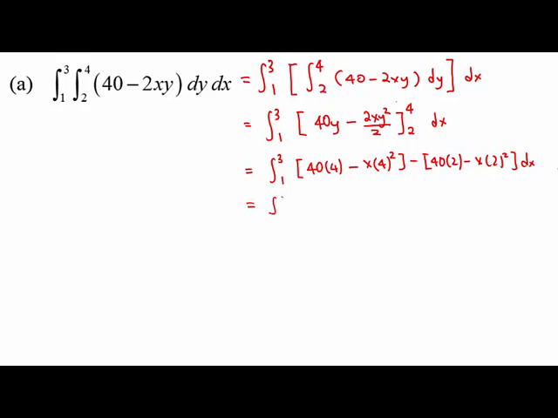We are ready to now evaluate and simplify. So this is 160, this is 16x, this is 80, and this is 4x, dx. Simplifying this gives us the next line, 80 minus 12x. And now we have a simple, straightforward integral with respect to x, and we are ready to perform it.